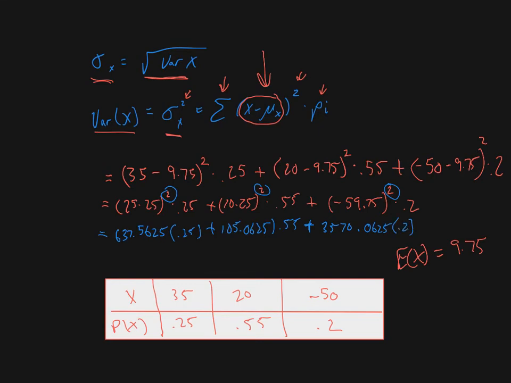And I think I just deviated from where I put the parentheses, but you get the point. And now we're just going to multiply all of that out, and you should get 931.1875 after you've multiplied and added.